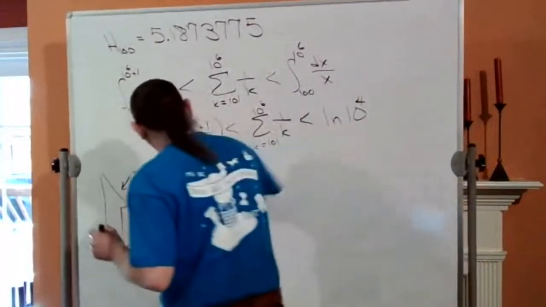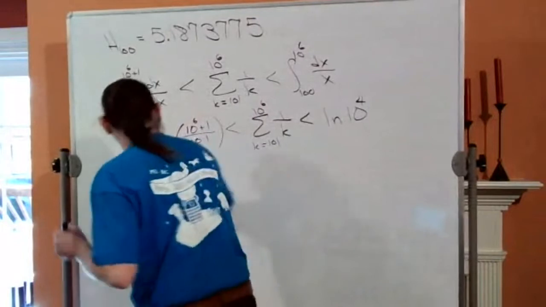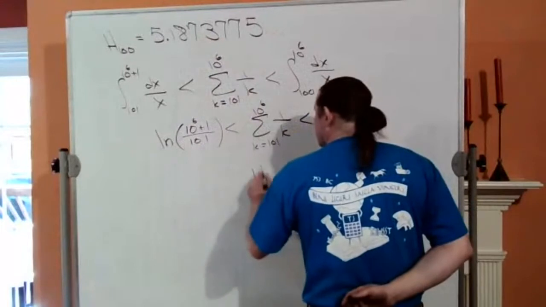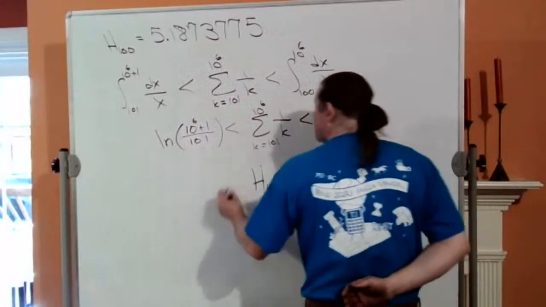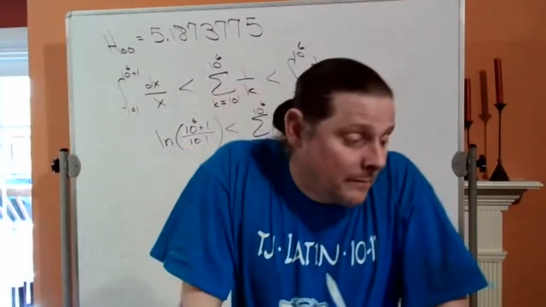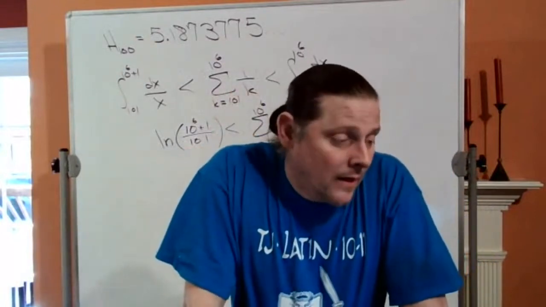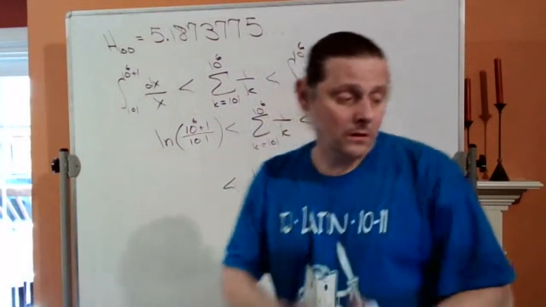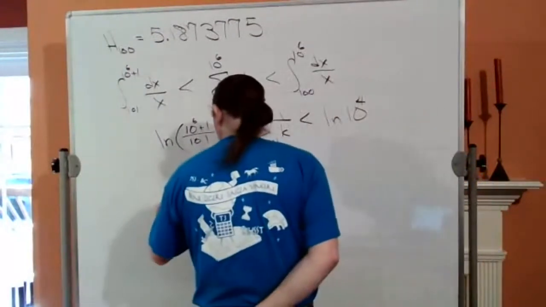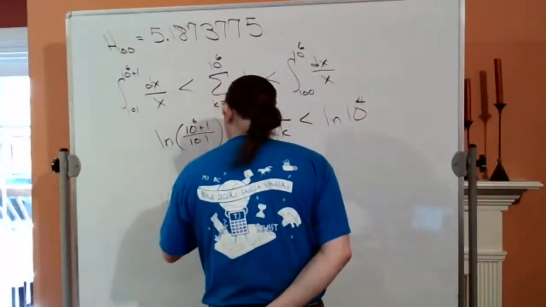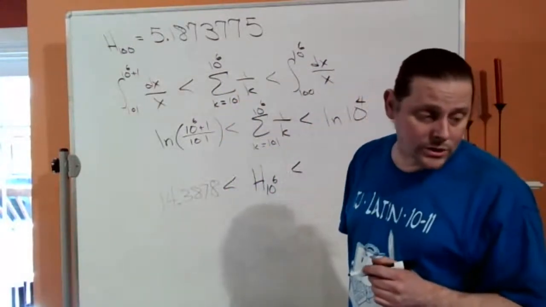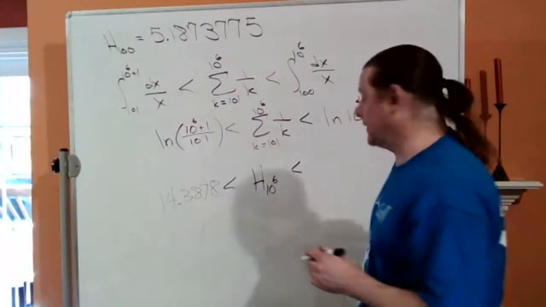And so now, in order for me to estimate H of 10 to the 6th, I just have to add this piece. All right? And if you do that, in Mathematica, you'll find that the left side is 14.3878, and the right-hand side is 14.3977.